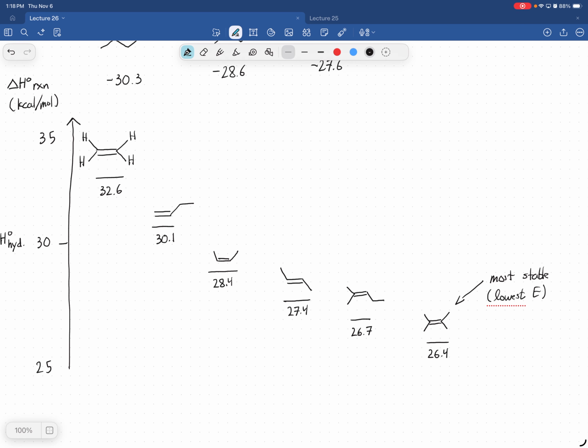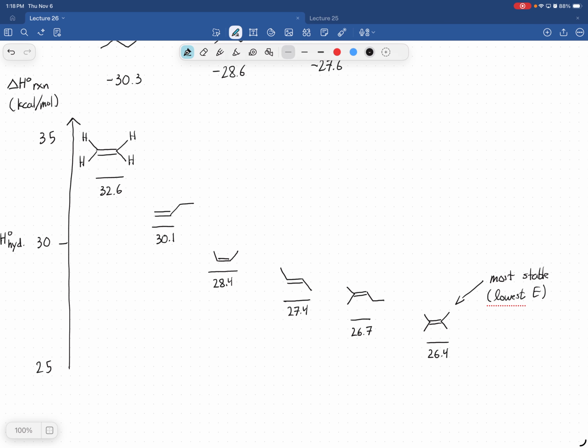Are there any questions on this graph? You don't have to memorize these numbers, just be familiar with the trend. The more substituted alkene is the most stable. And if you're forming alkenes in a reaction and the reaction is being heated, you would want to draw the more substituted alkene as your potential product, like we showed when we did E2 and E1.